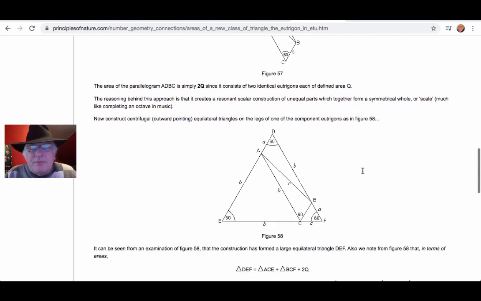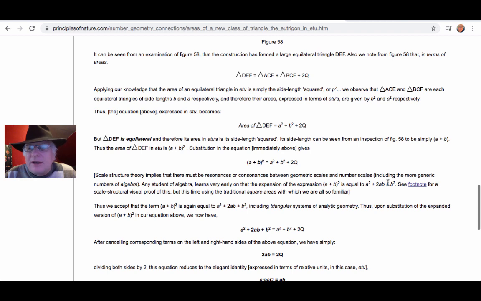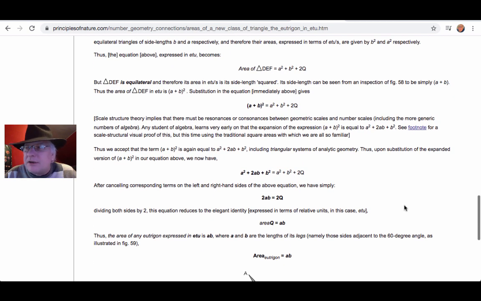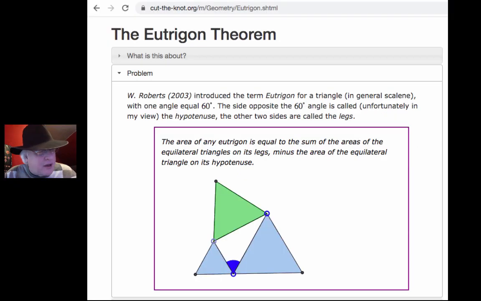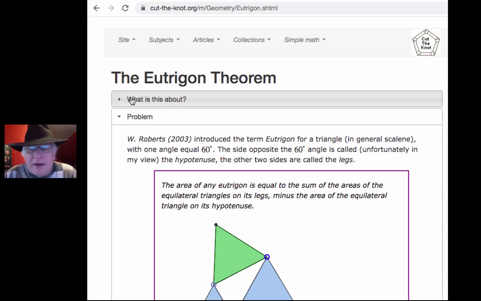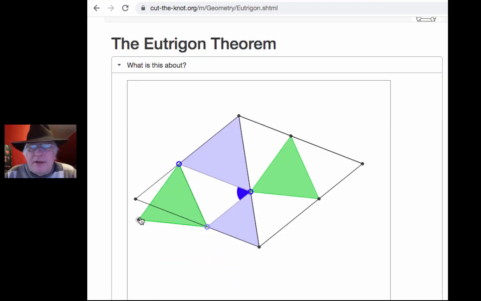He proves by a step-by-step theorem here, which is not the U-trigon theorem, the one that you'll see in Cut the Knot, which has the U-trigon theorem, as well as Mathematica Wolfram site. But this proof is more just that.